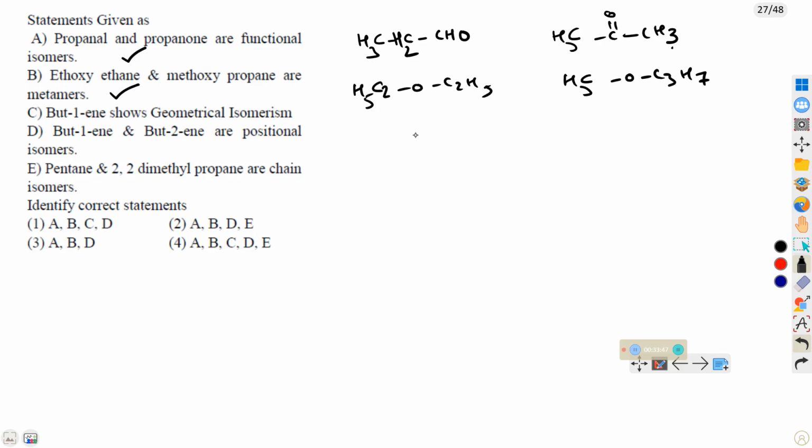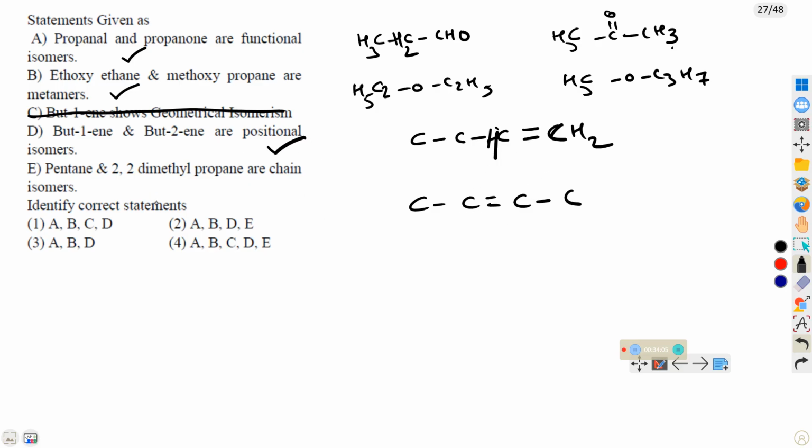But-1-ene shows geometrical isomers? No, but-1-ene does not show geometrical isomers. Wrong statement. But-1-ene and but-2-ene are position isomers. Correct. The position of the double bond is different. Pentane and 2,2-dimethylpropane are chain isomers. Correct. A, B, D, E. Second statement correct.